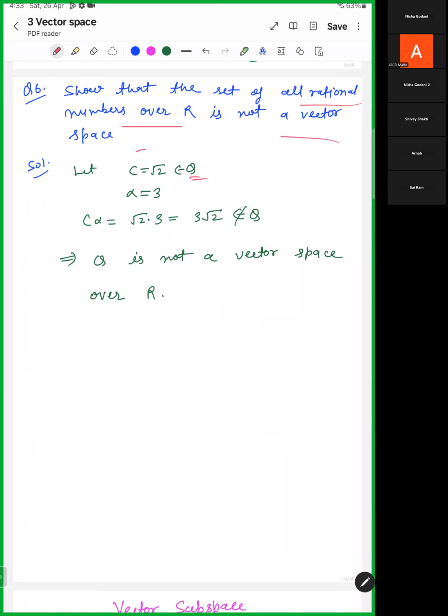I have only checked the condition C alpha, the first condition of the first axiom of scalar multiplication.